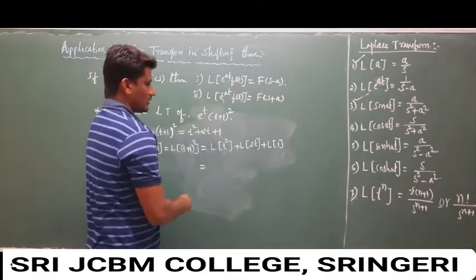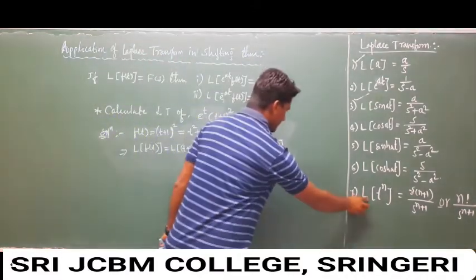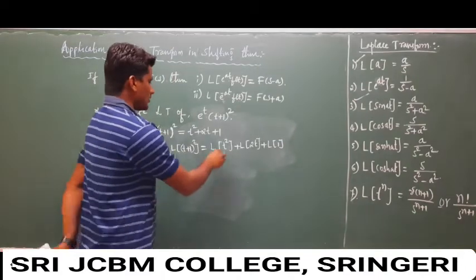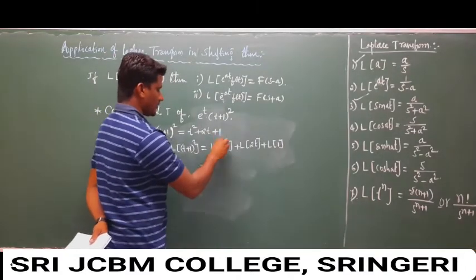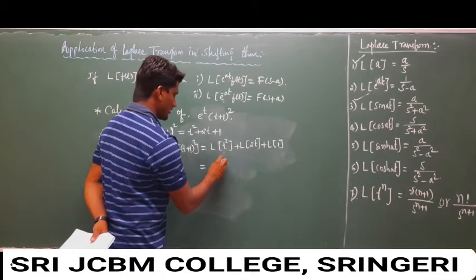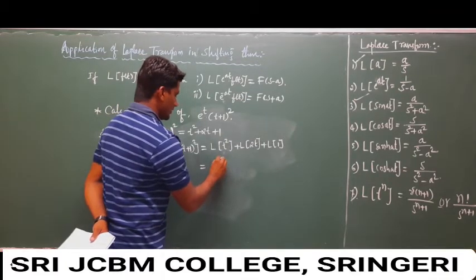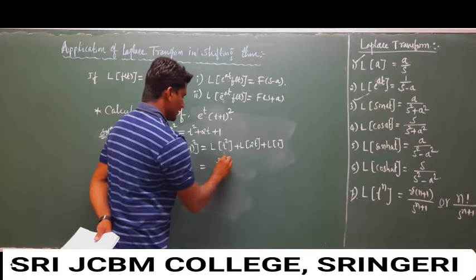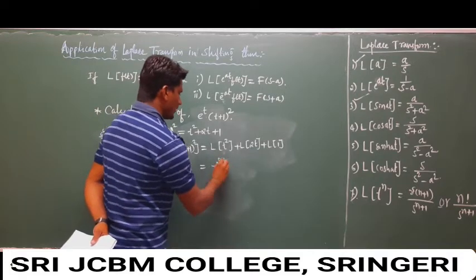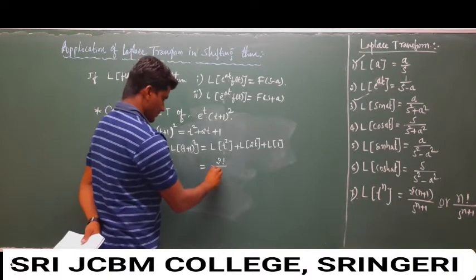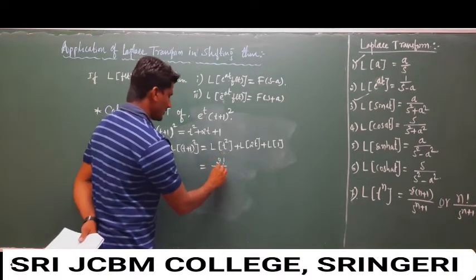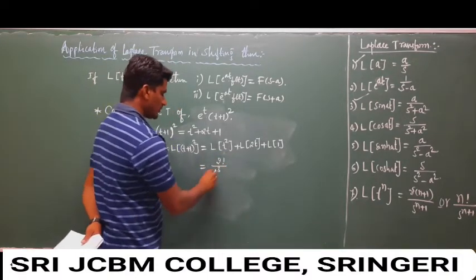Now look at this condition, the Laplace transform of t to the power n. For t squared, n value is 2, so the transform is 2 factorial over s to the power n plus 1, which is s cube.